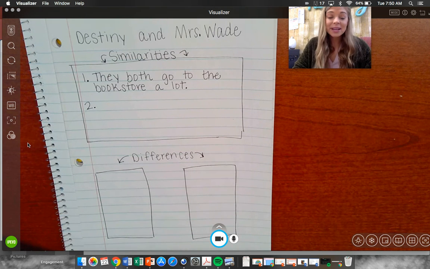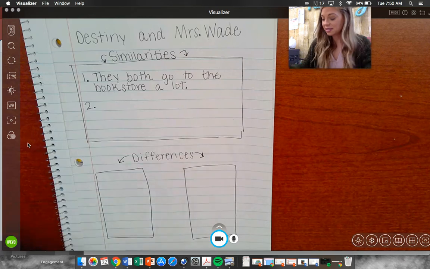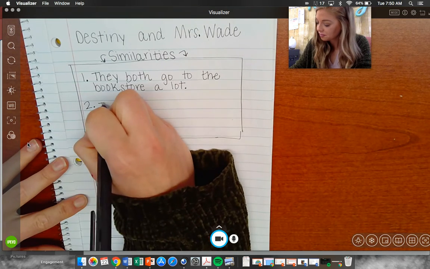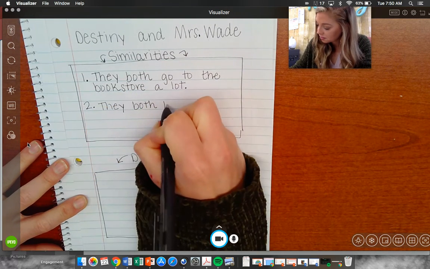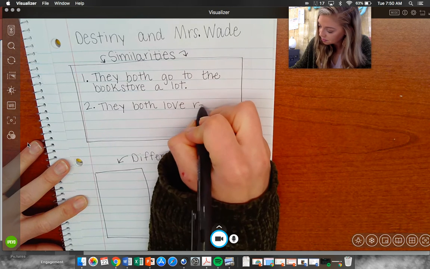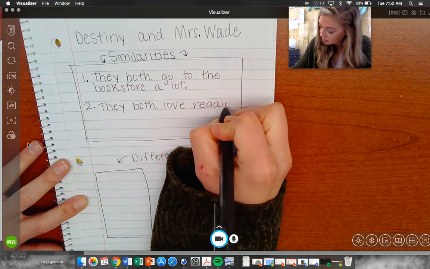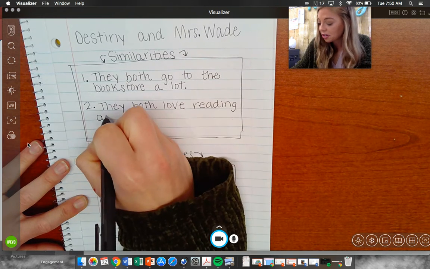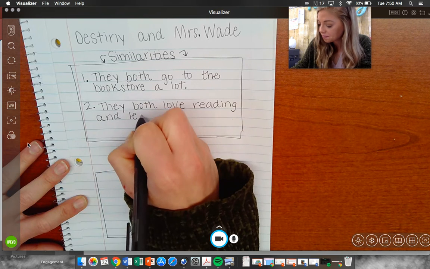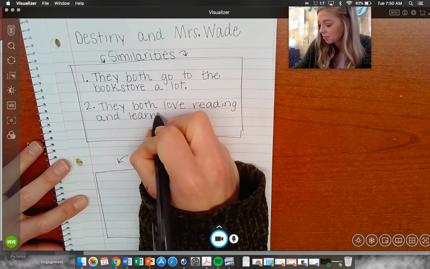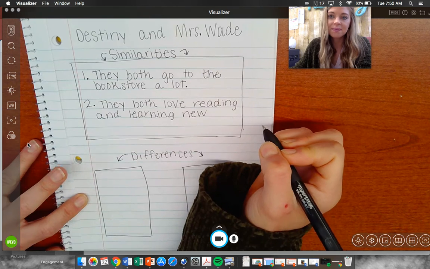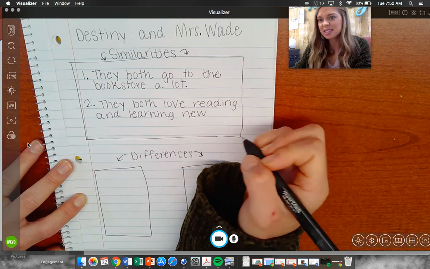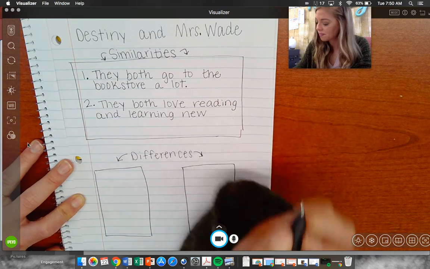They both love reading and they both love words and learning new words. If you remember from the story, they had a word every day, and they would talk about that word, about what it means, kind of like a new vocabulary word every day.